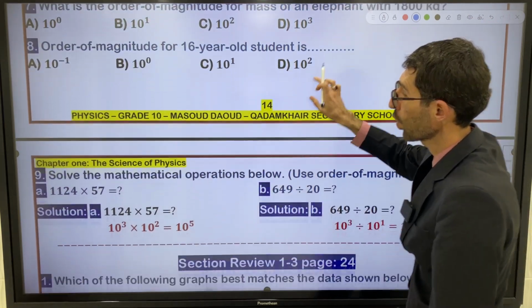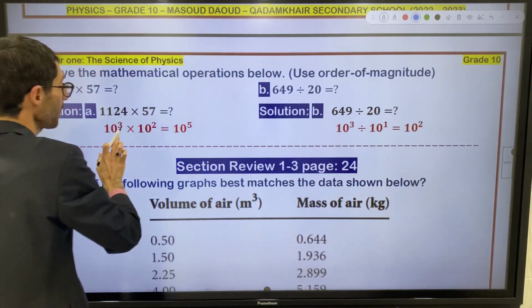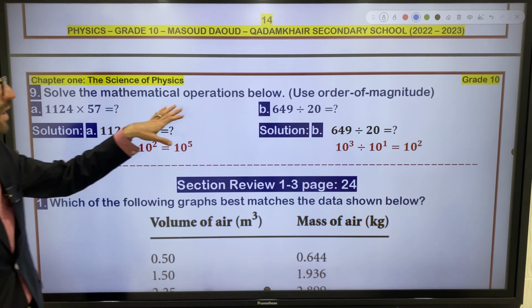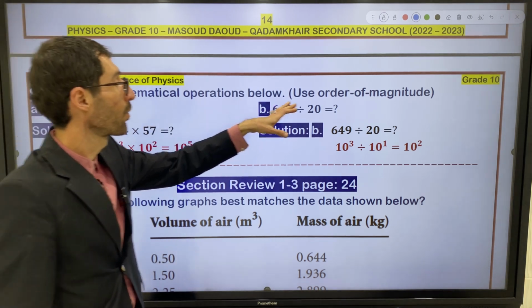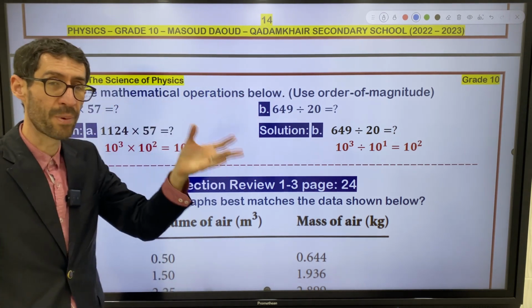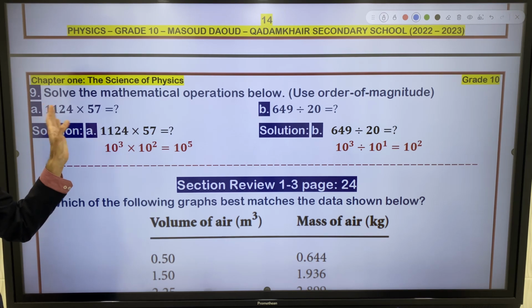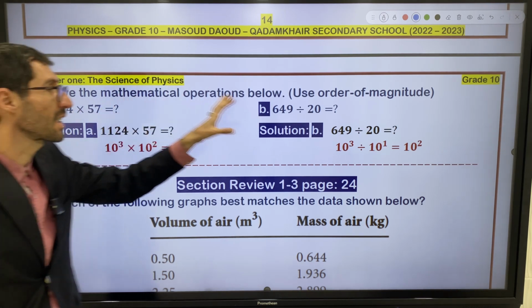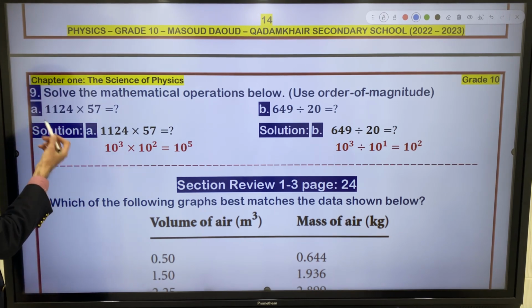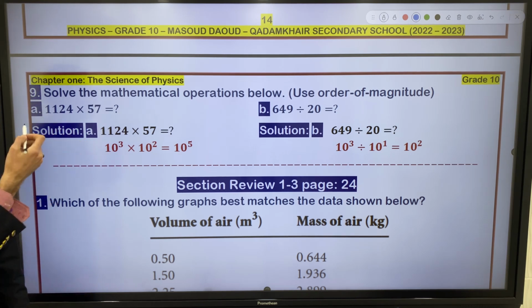Let's move on to another question. Question number 9. Let me solve this question. Solve the mathematical operations below. We have an equation with two operations: the first one is multiplication, and the second one is division. First, 1,124 multiplied by 57.